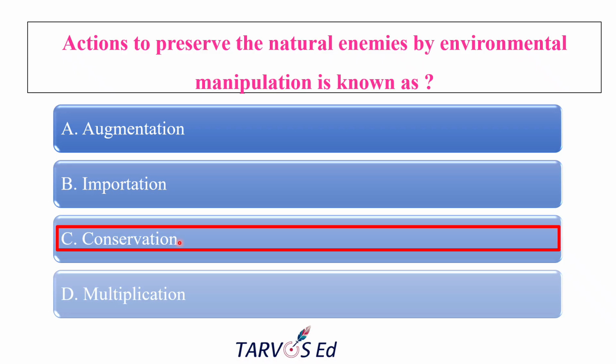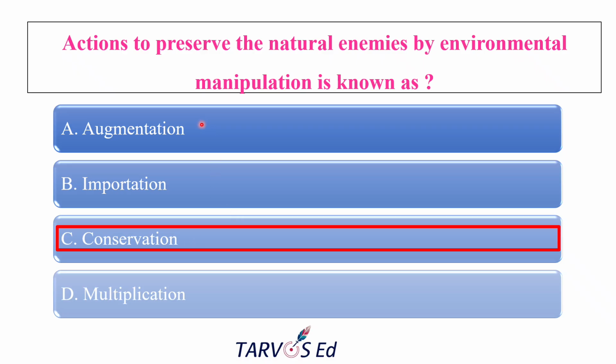And we can also provide flowering plants as a nectar source for good survival of natural enemies like predators and parasitoids, because they mostly rely on nectar sources as their feed. And we can protect the natural enemies' habitat. The existing habitat will be there, and we should protect it from pesticide spray and all. So the correct answer is conservation.